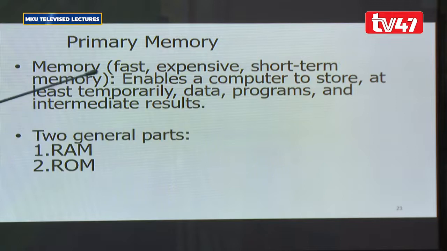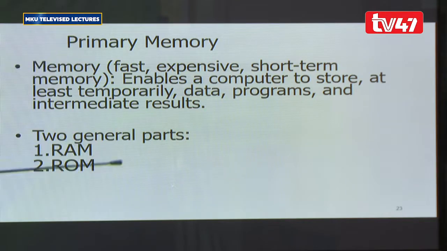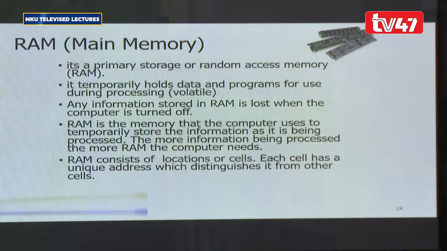We have two major types of memory: the read-only memory and the random access memory. So the RAM, that's the abbreviation for random access memory, temporarily holds data and programs for use during processing.